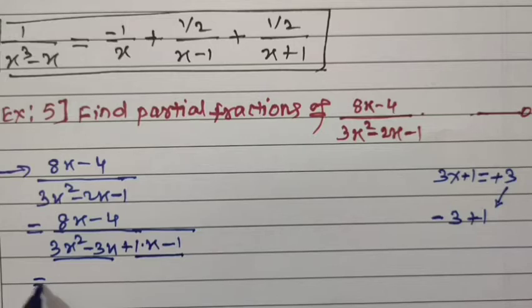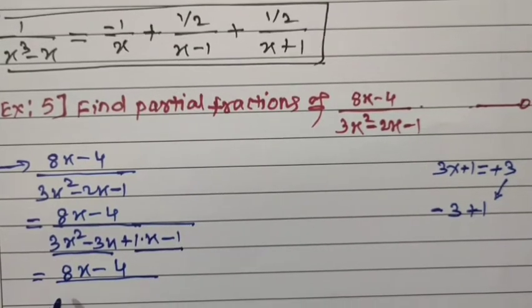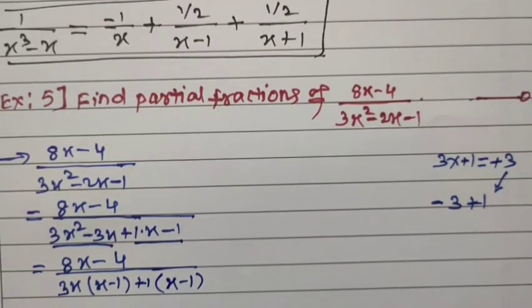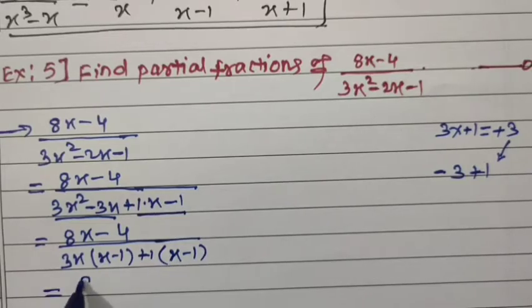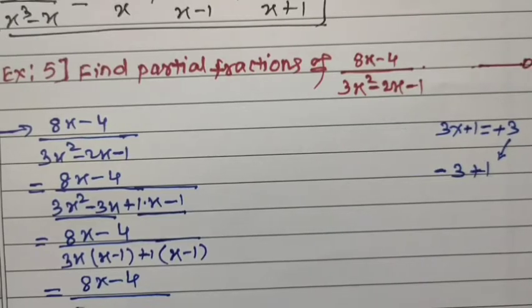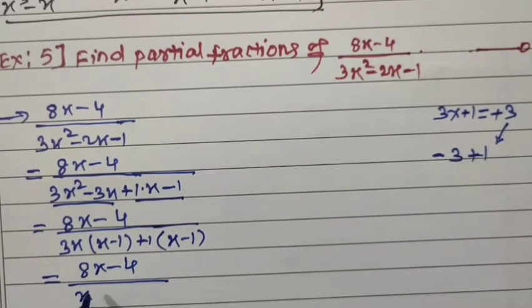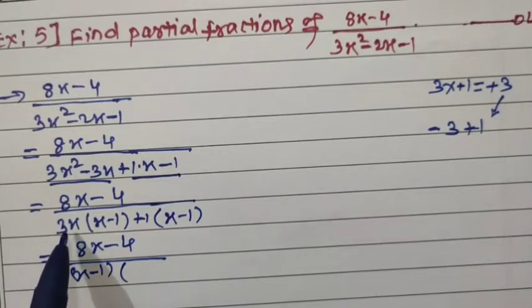Hence this is equal to 8x minus 4 divided by, taking 3x common we can write into bracket x minus 1, and from these two terms you can take plus 1 common, into bracket remains x minus 1. Okay, now from here, in first term this bracket x minus 1, in second term this bracket, you can take this bracket common, and then this rational function becomes 8x minus 4 divided by x minus 1, this bracket we are taking common. In another bracket remains 3x plus 1.